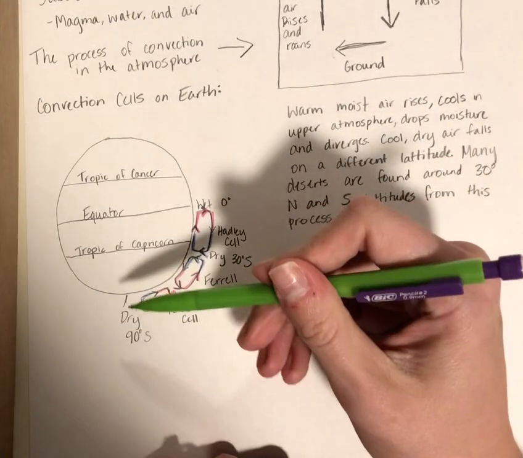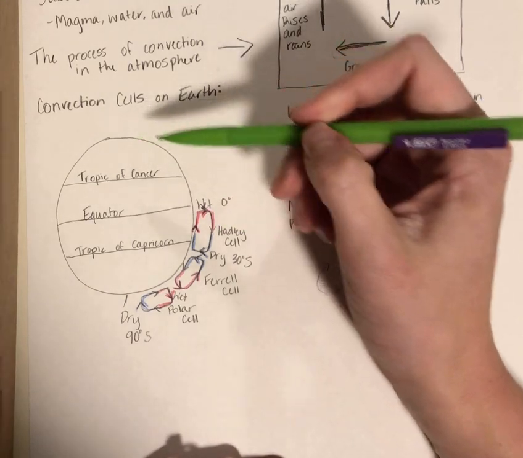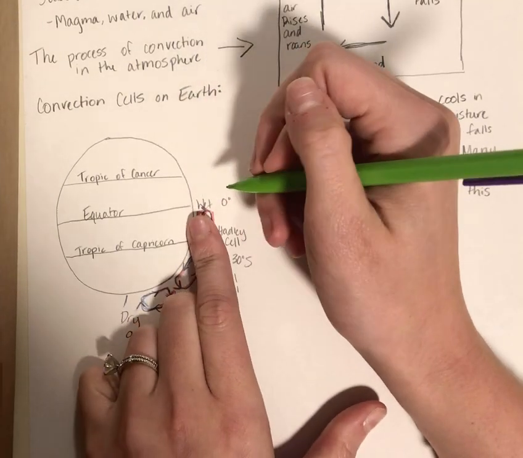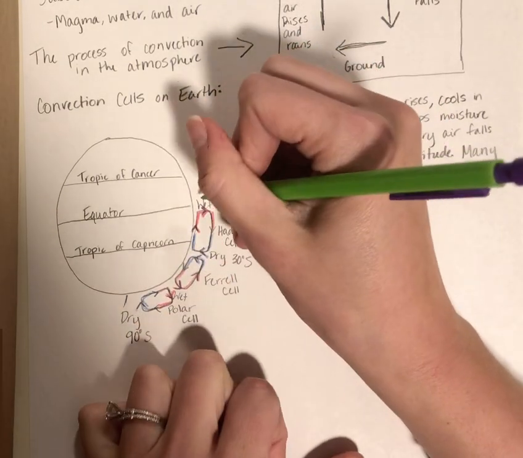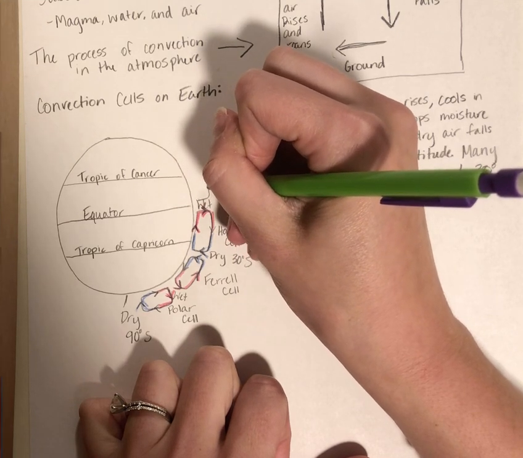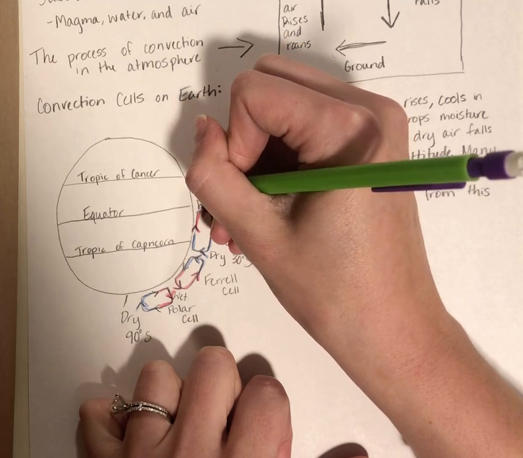Now the same thing happens going north from the equator. So it's going to be the same exact thing happening. Sunlight hitting this equator, heating up the air, so we have that hot air rising, going over, cool air dropping, and coming back around.